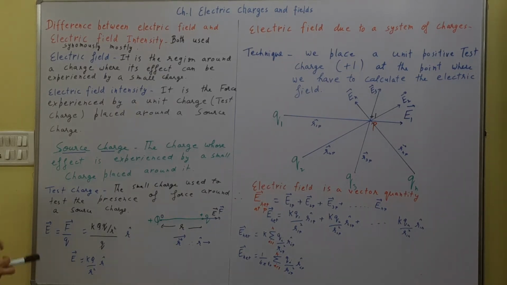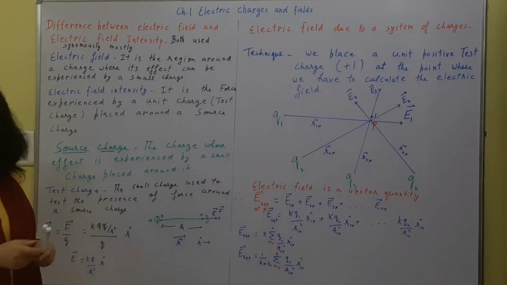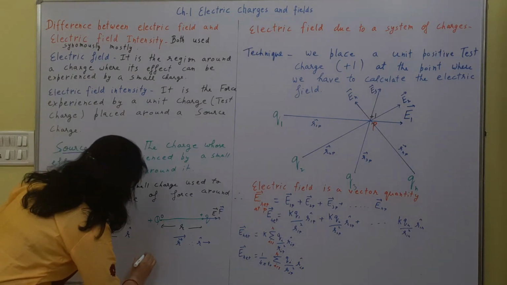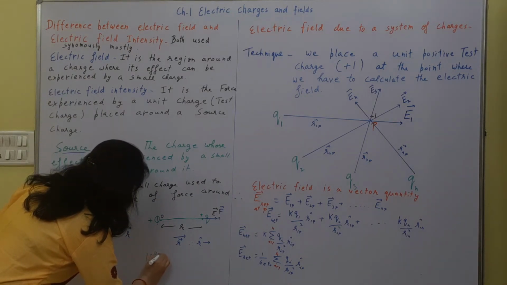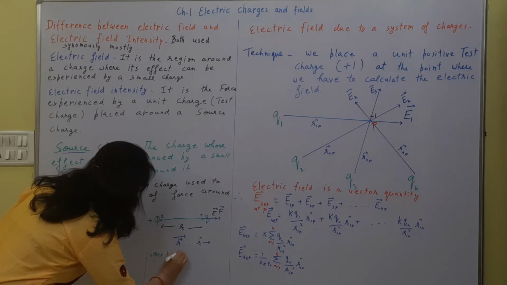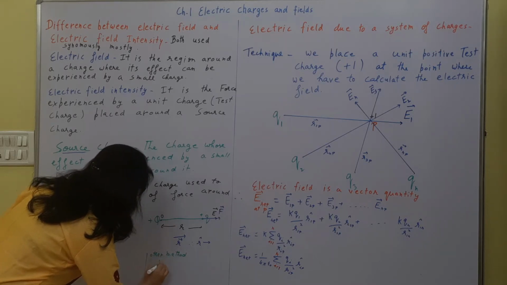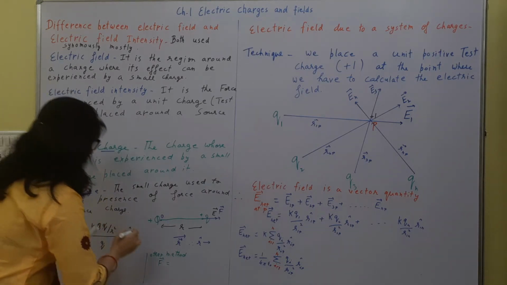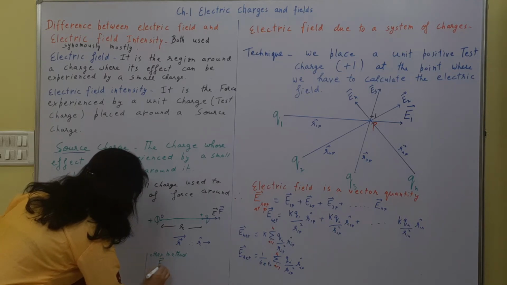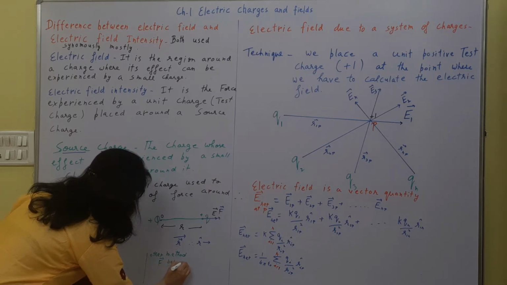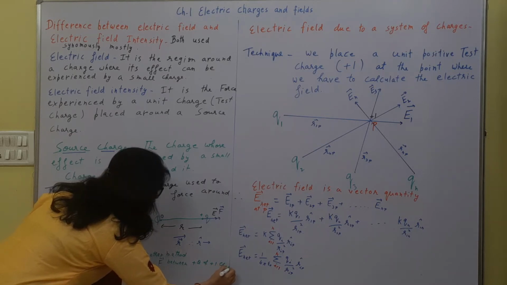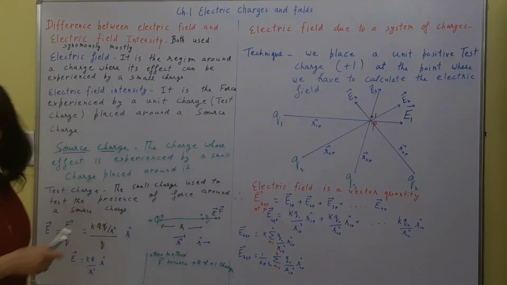Before rubbing the board, I want to tell you one more thing: if I want to write the force on unit charge, the force between plus q and plus 1 charge, I can draw another diagram here.